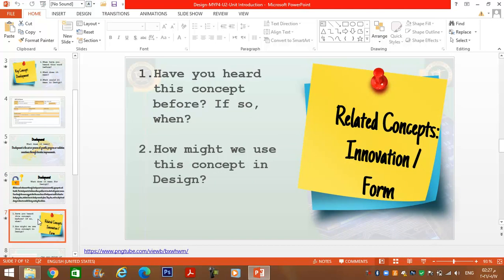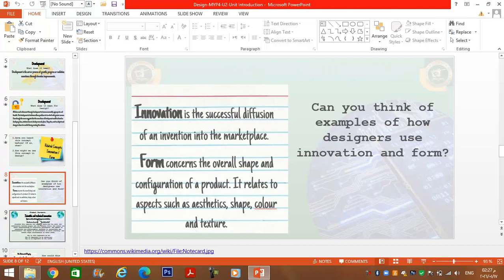So, the related concepts here are innovation and form. Have you heard these concepts before? If so, when? What does innovation mean? What does form mean? How might we use these concepts in design, especially? Okay, so innovation. Innovation is the successful diffusion of an invention into the marketplace.